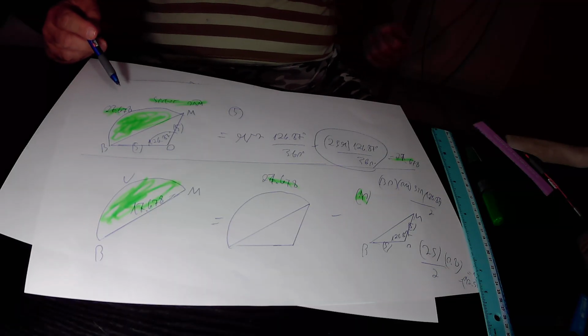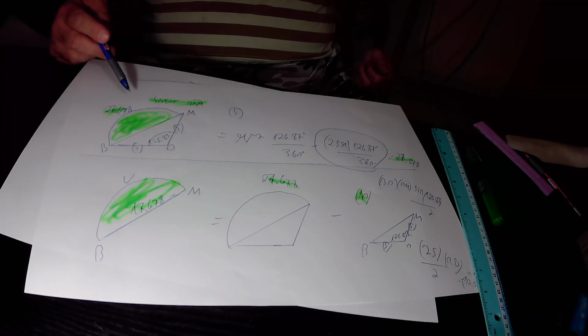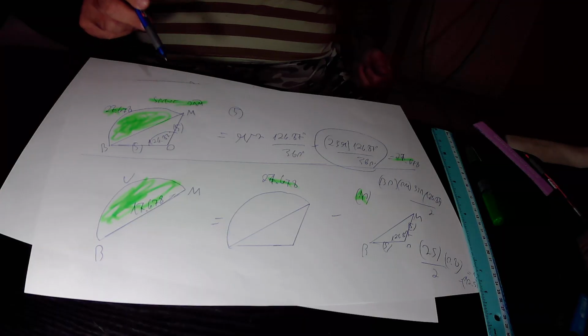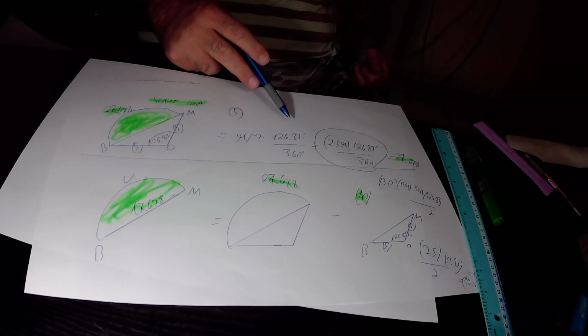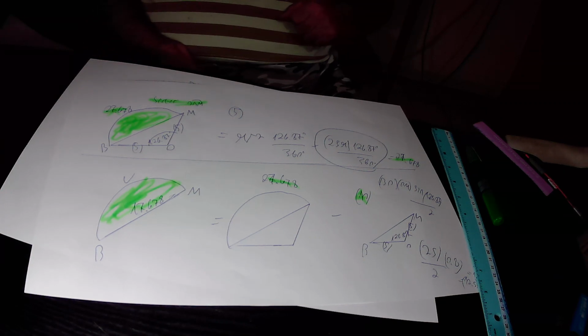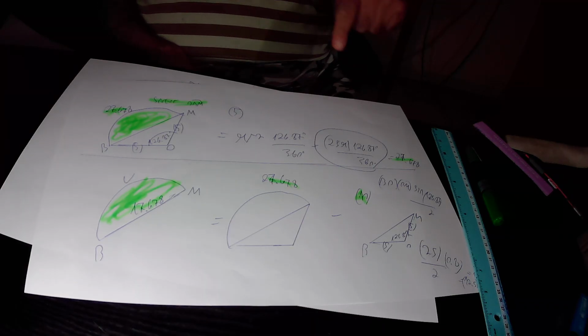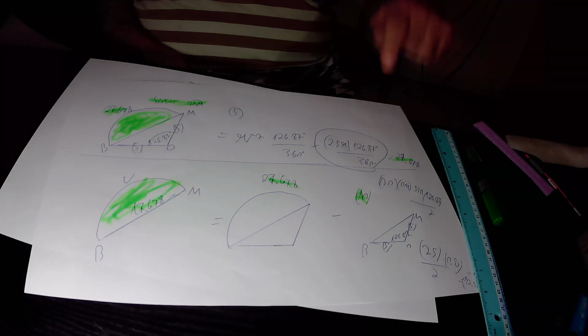So according to the formula that I presented to you, the area of this sector OBM equals pi r squared, that is the area of the circle that contains the sector, times the angle between the legs of the sector, that is 126.87 degrees over 360 degrees. R is 5, therefore r squared is 25, so pi r squared is 25 pi times 126.87 over 360 degrees.